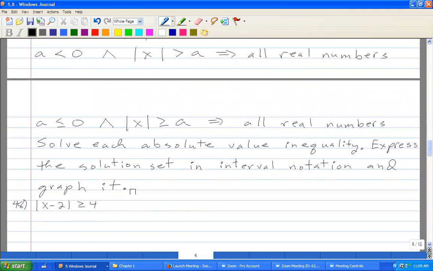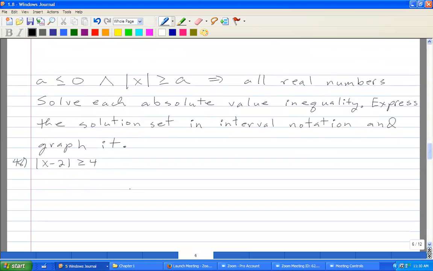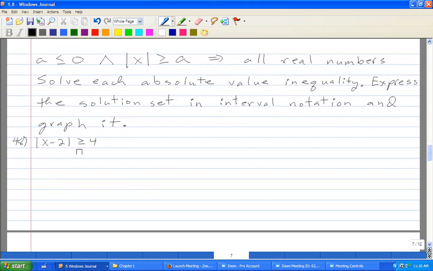Okay, so let's do problem number 48. Solve each absolute value inequality, express the solution set in interval notation, and graph it. So this is greater than or equal to. So that means that I can't use my three-part inequality notation to simplify the notation for this.